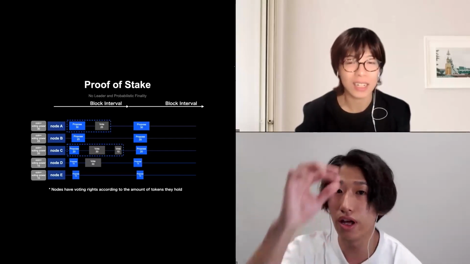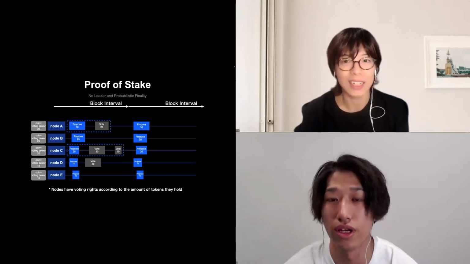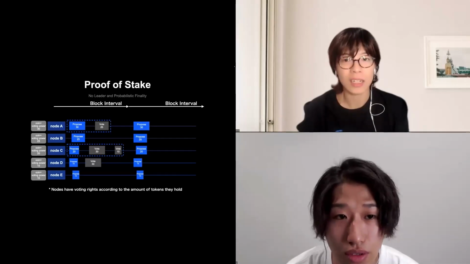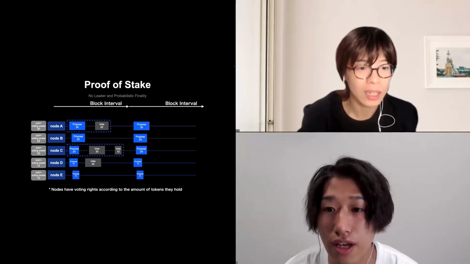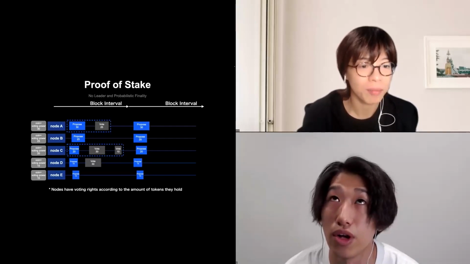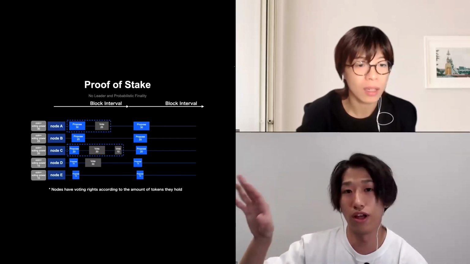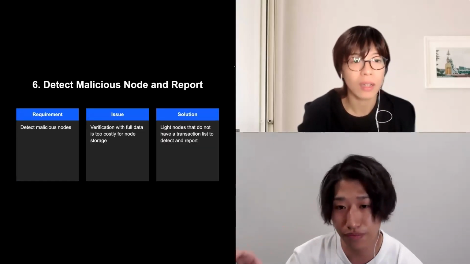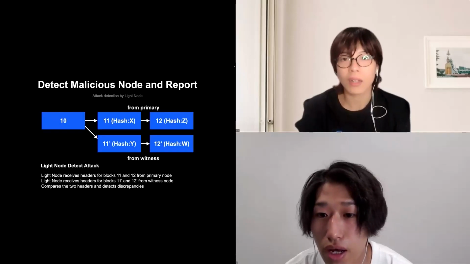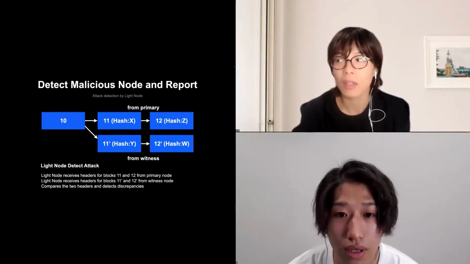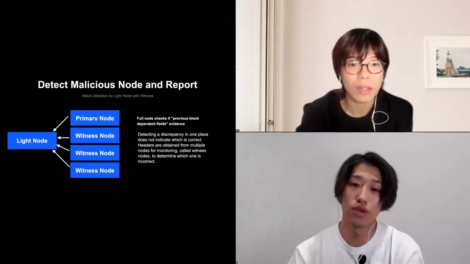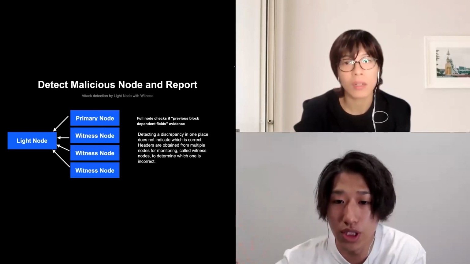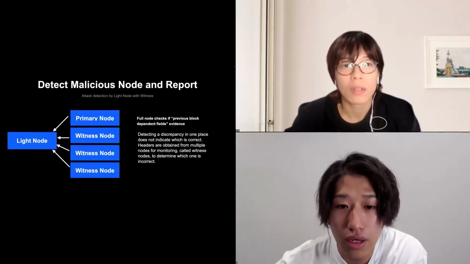So 1/3 or less would be a factor to realize BFT. Security feature number 6: the witness nodes would monitor the other primary nodes and the witness nodes involved for hashing. There are multiple involved because Byzantine tolerance is 1/3.